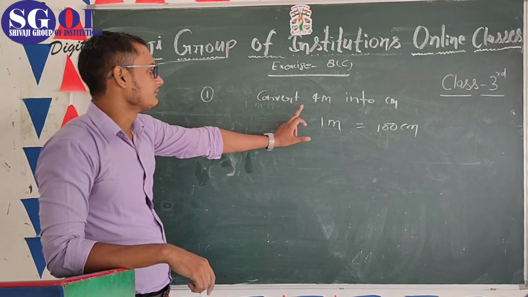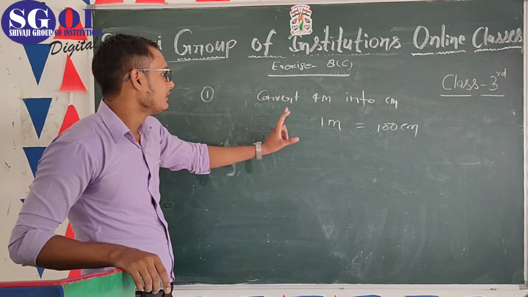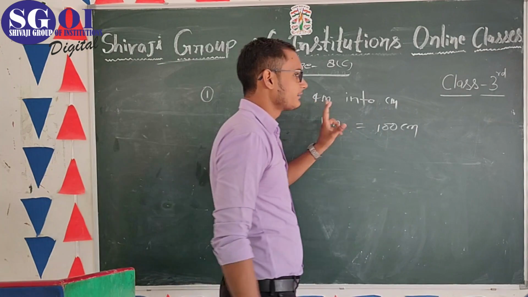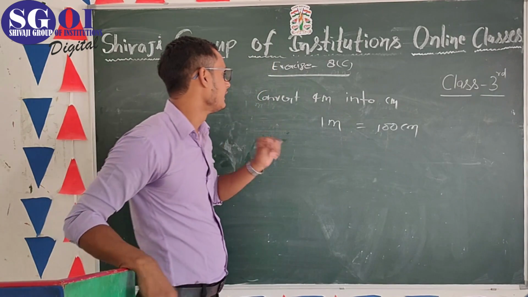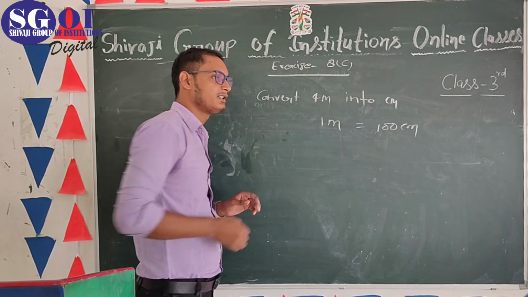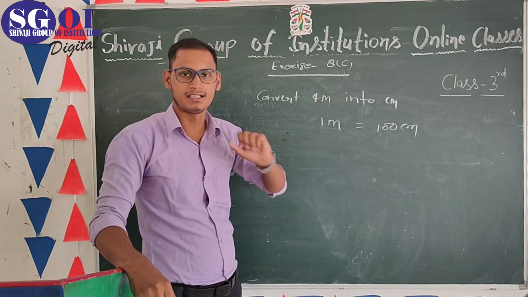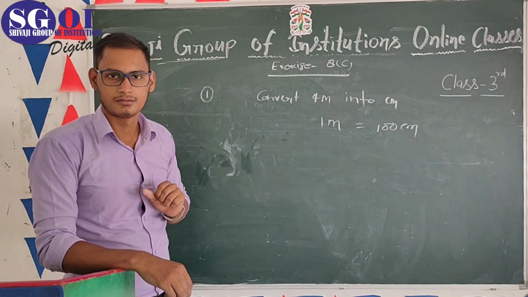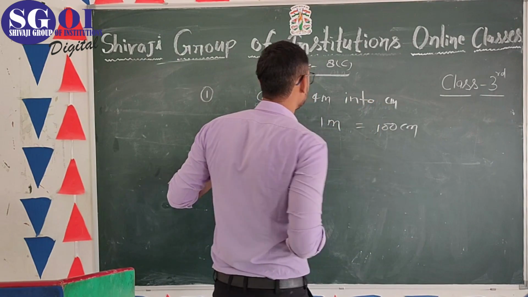If we convert meter into centimeter, then we multiply meter by 100. If we convert centimeter into meter, then we divide centimeter by 100.